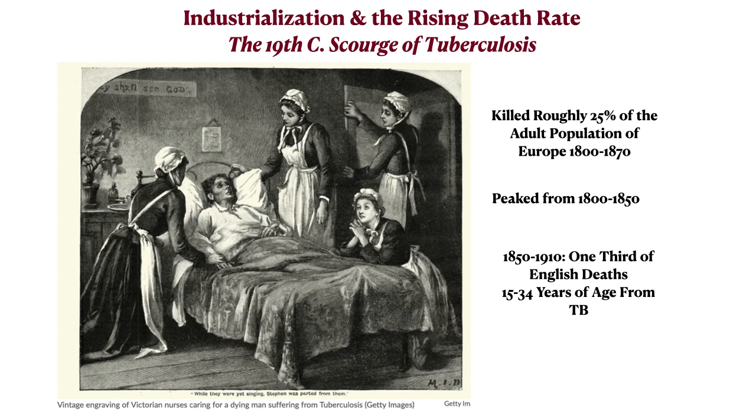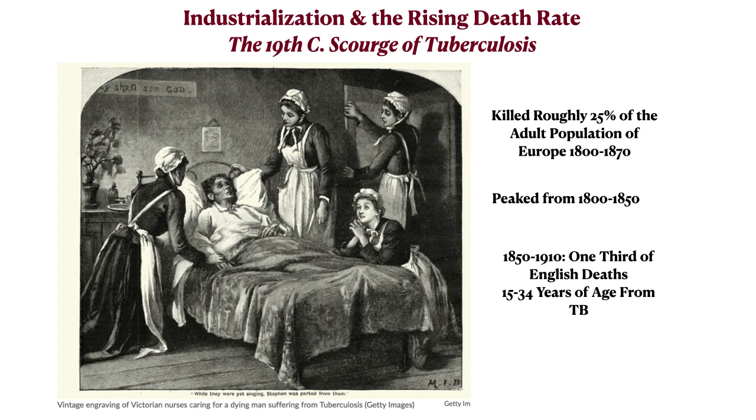It had been around a long time, but by the 19th century, we can see from 1800 to 1870, it killed roughly 25% of the adult population of Europe, and a lot of relatively young people are dying from it as well. And a lot of people sick for many, many years, so a lot of morbidity associated with this.